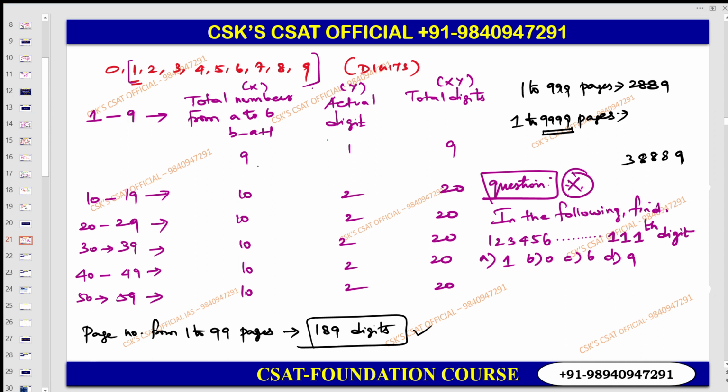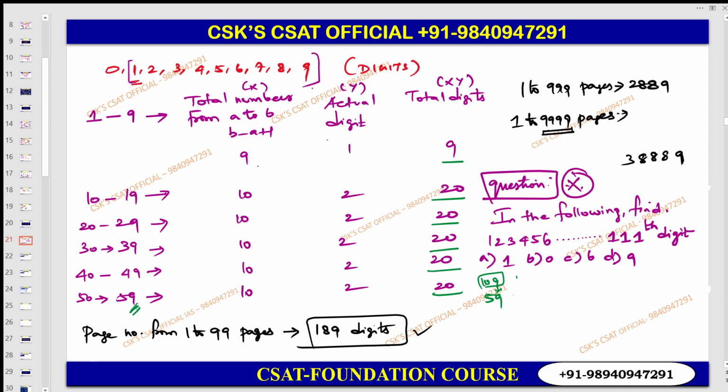Right, now try to understand. I'm asking the 111th digit. Now try to add up here: 100, 109. So the 109th digit is nothing but the 9 of 59. 109 is going to be the 9, 108 going to be the 5.